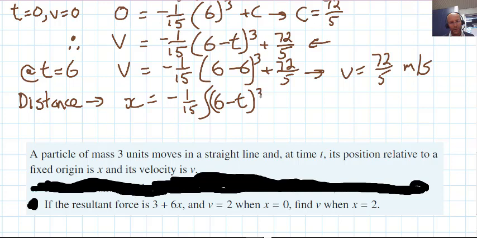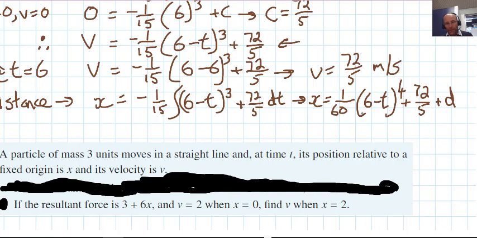So we're going to integrate this with regards to t, and to save some time you should get the following. Okay, and I've used plus d because we've already used plus c for a different arbitrary constant.